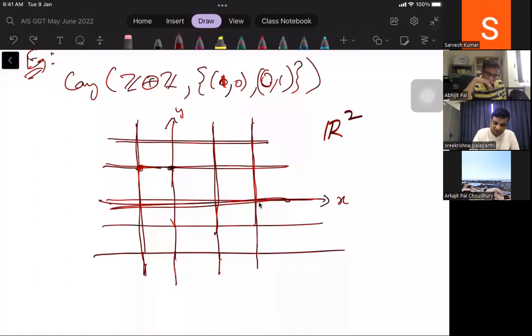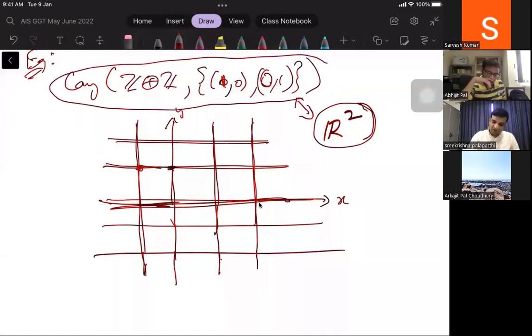With this generating set, you see that you have this grid, which more or less has the nice properties of R2, but it still does not have the structure of R2. Geometrically, you want to make these two equivalent, so that you can study this Cayley graph in a more meaningful way.